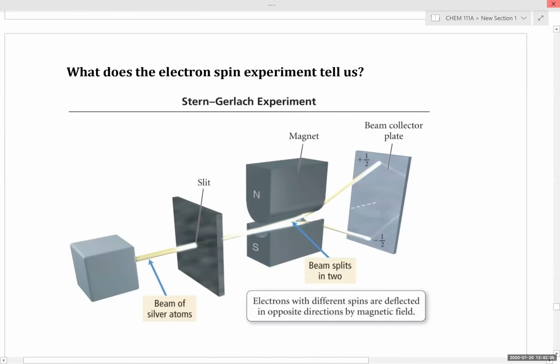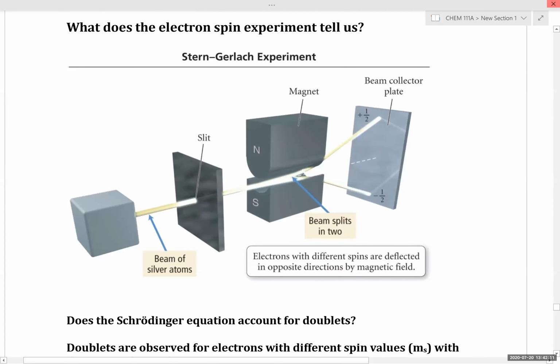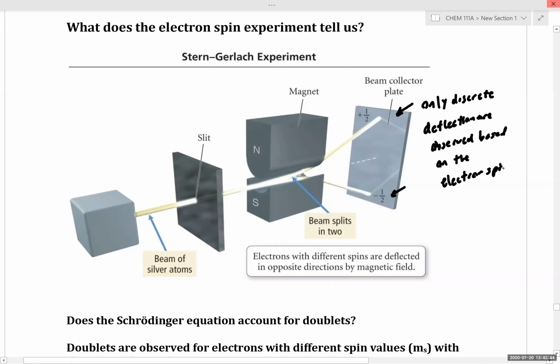Okay, so we can actually also see this phenomenon of electron spin if we look at the Stern-Gerlach experiment, where a beam of silver atoms was ejected through a magnetic field, and what we observe is that only discrete deflections are observed based on the electron spin in silver atoms.